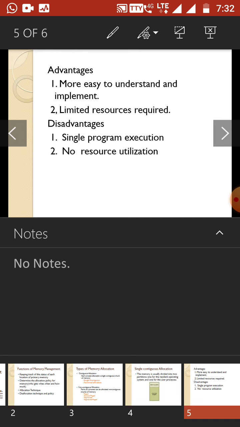You know very well that RAM is a shareable resource, but here the RAM is not shared by multiple users or multiple user programs. So there is no resource utilization. These are the advantages and disadvantages.